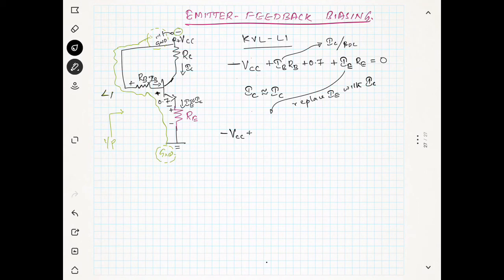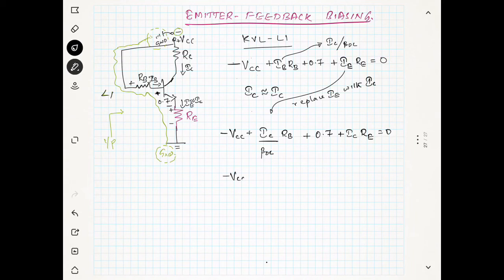So we will replace IB with IC over beta DC. So it becomes IC over beta DC into RB plus 0.7 plus IC into RE. You can see here this is equal to 0.